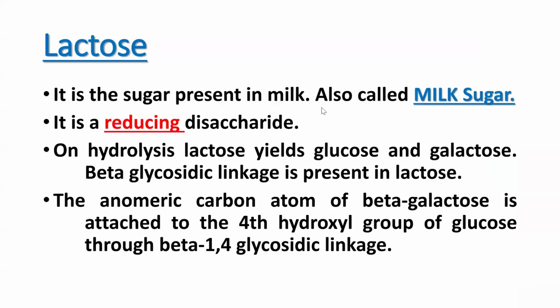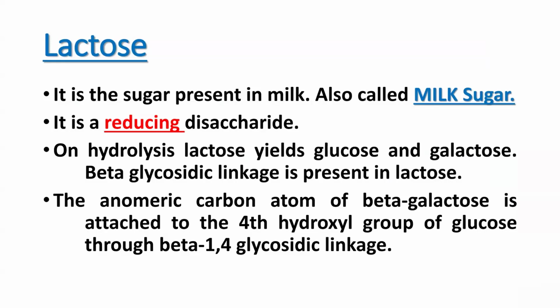The next thing that we are now going to look at is lactose. Lactose is a sugar that is present in milk, like breast milk. It is also called milk sugar, and it is a reducing disaccharide.